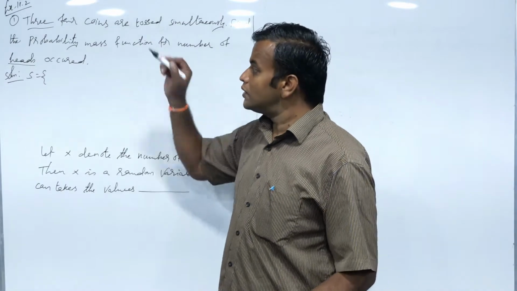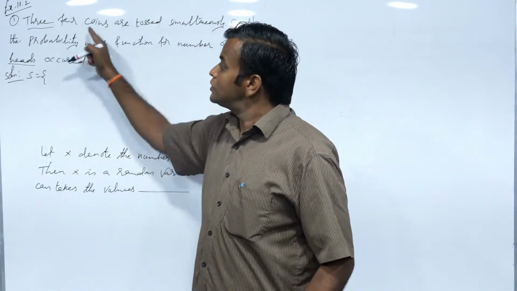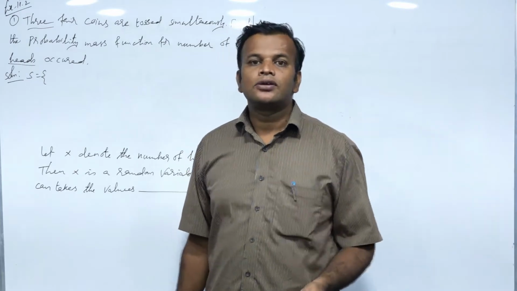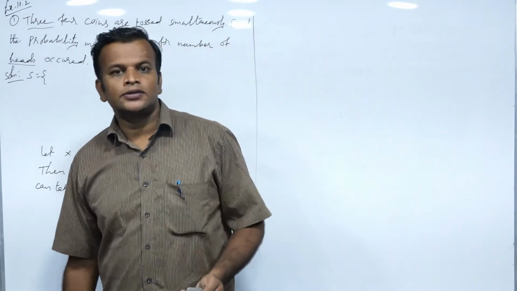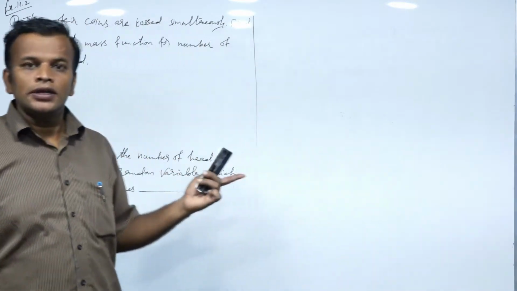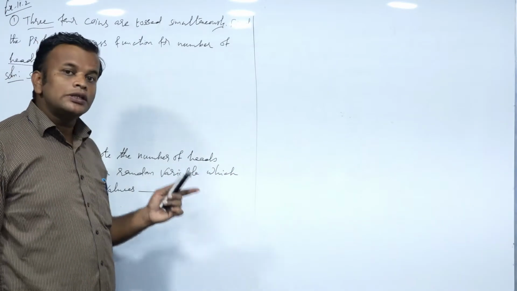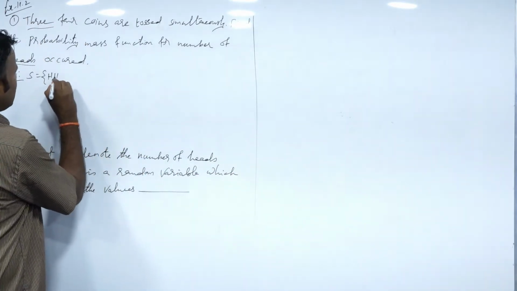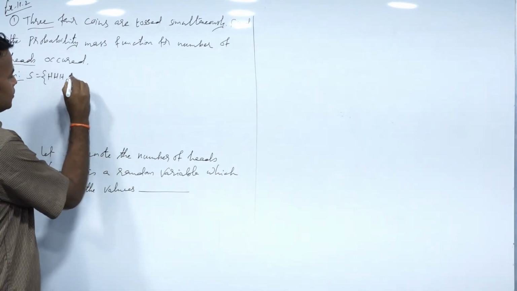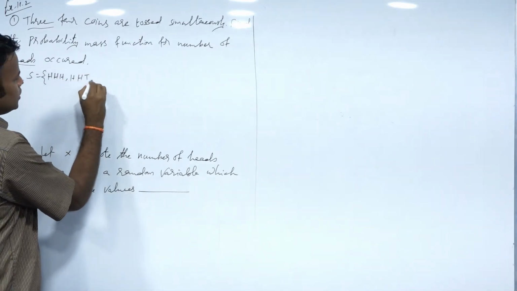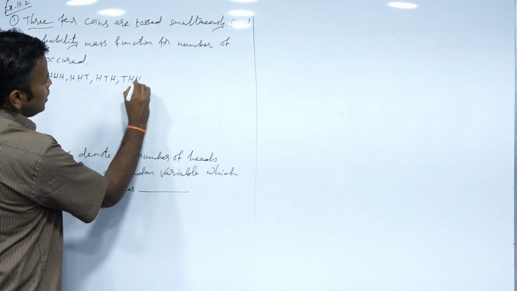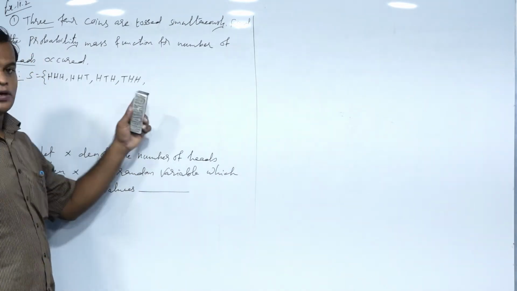Okay. First of all, we write the sample space. How many coins? 3 coins. In the previous class also we said, when coins are tossed, the general formula is 2 power n. Here 2 power 3, so 2 cube is 8. How to write the sample space when 3 coins are tossed? Start from H, H, H. Then H, H, T, H, T, H, T, H, H. 4 events are over.